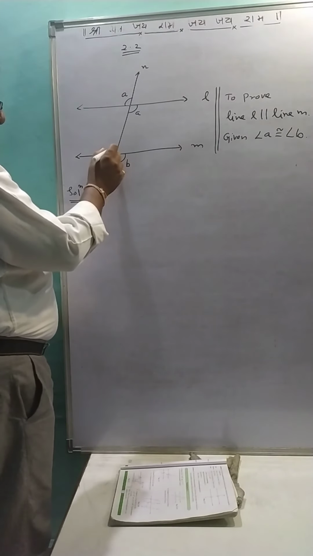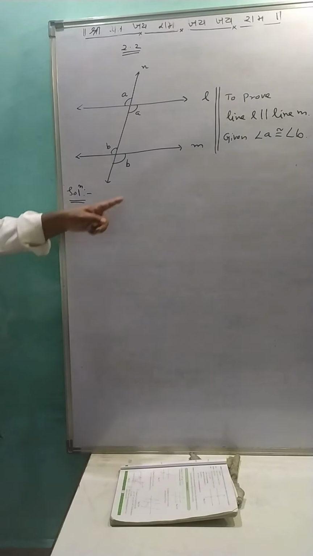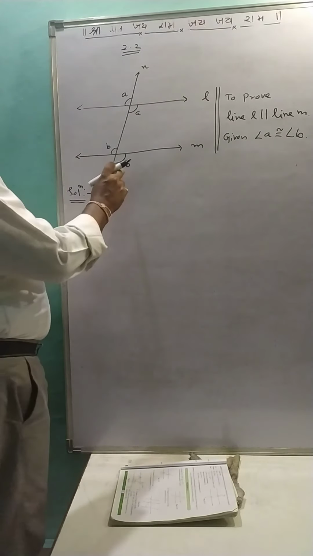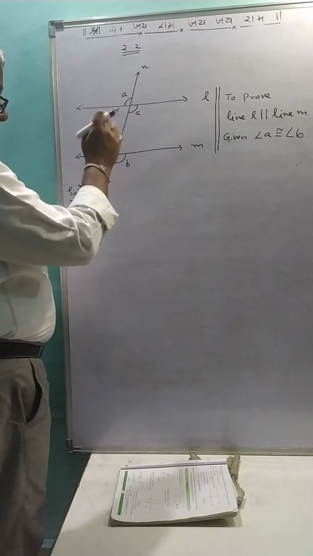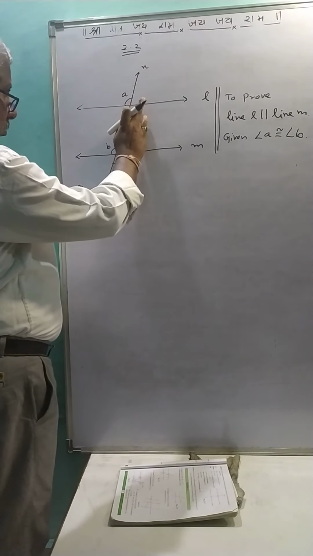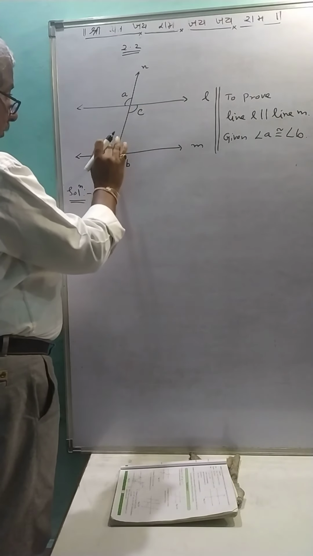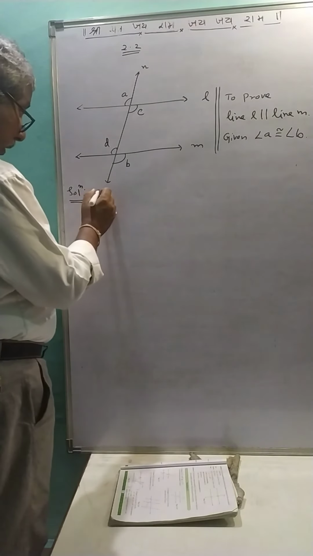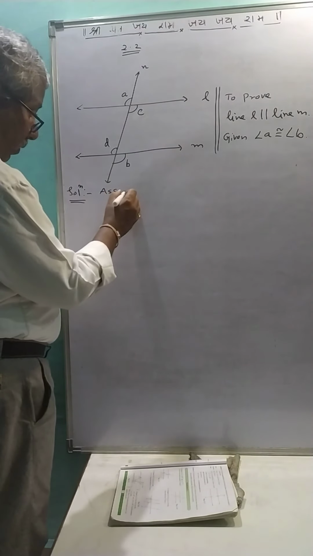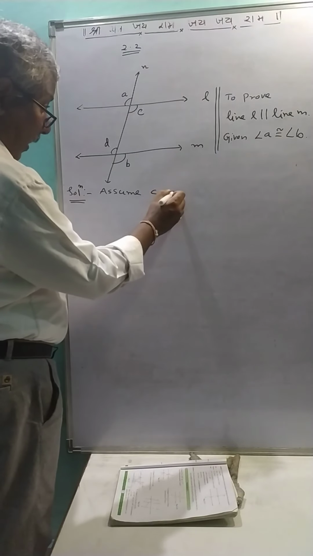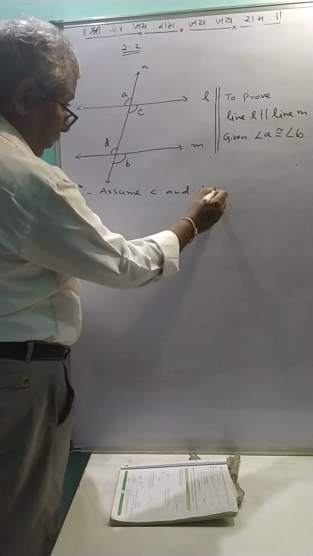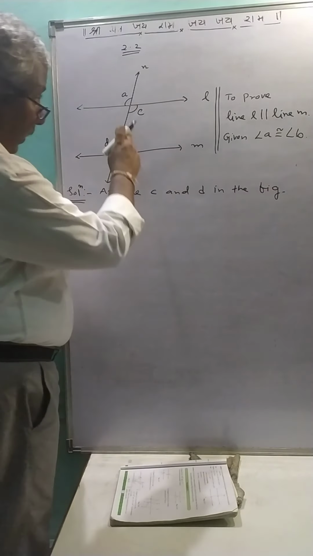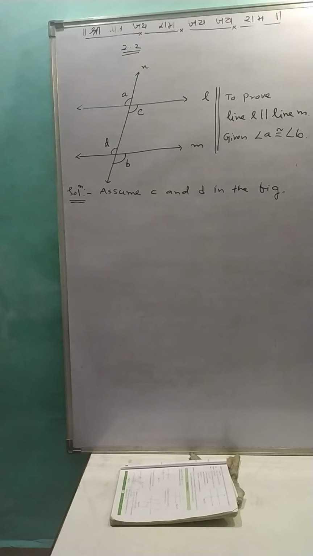This is also B because of vertical opposite angles. So let us assume C and D in the figure.